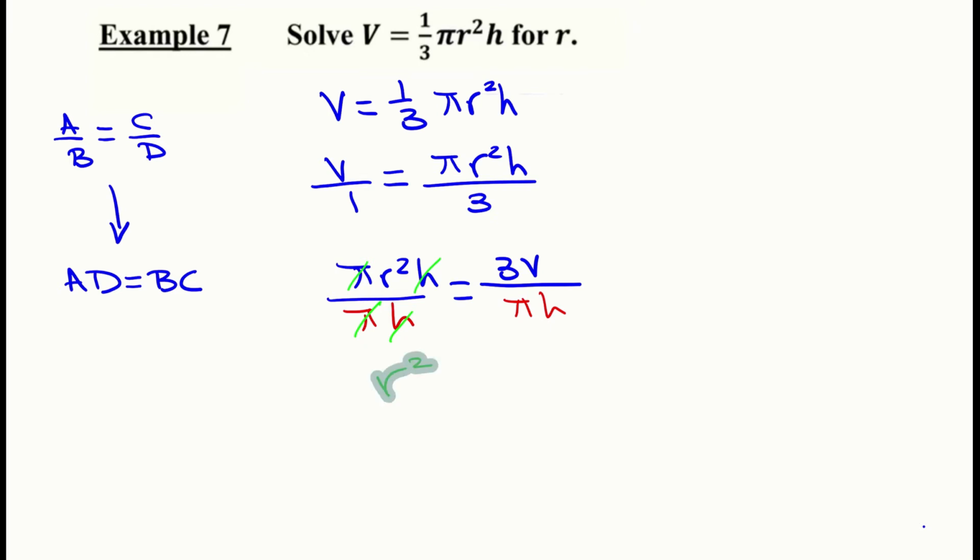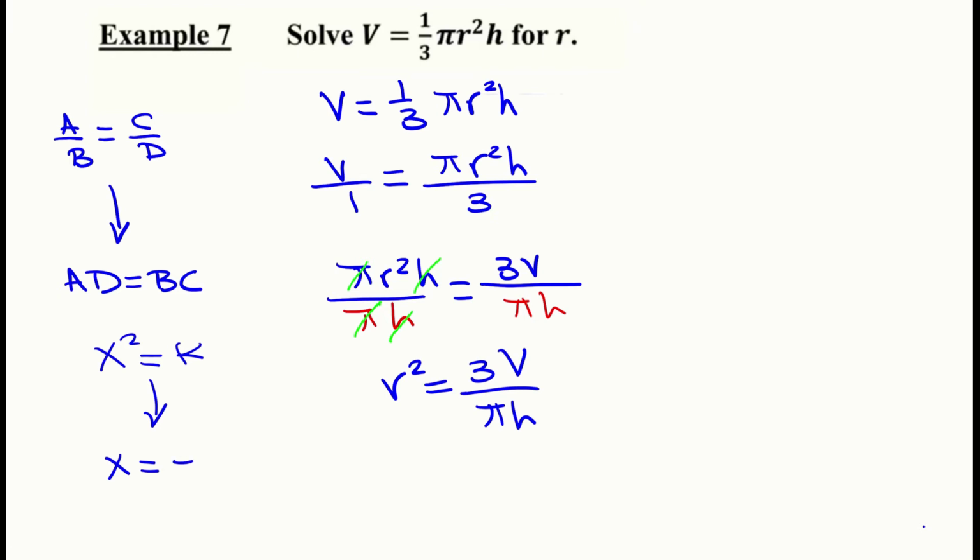So now we have, let me go back to the other color. So we have r squared equals 3v over pi h. So now we notice that we are in this form, x squared equals k, which we know implies x equals plus or minus square root of k by the square root property, correct?